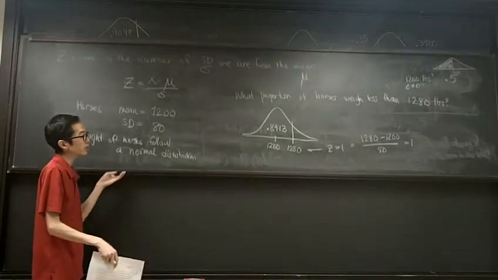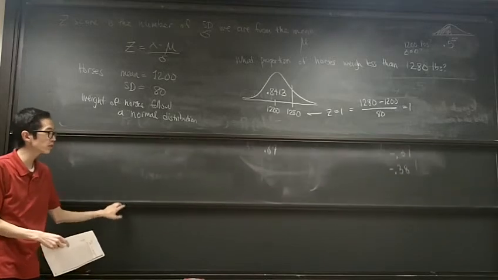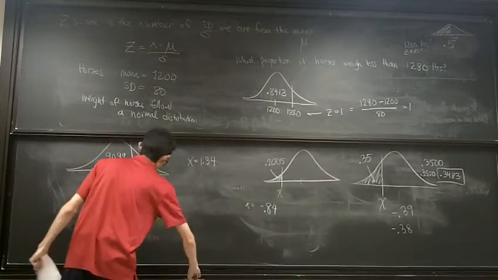All right, so let's try another example. Still keep horses with a mean of 1,200 and standard deviation of 80 pounds. Answer me this.